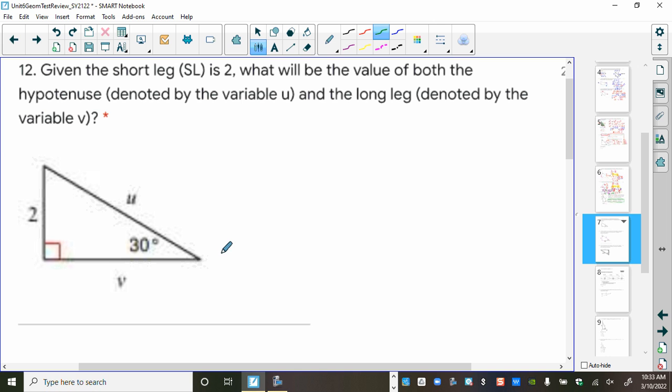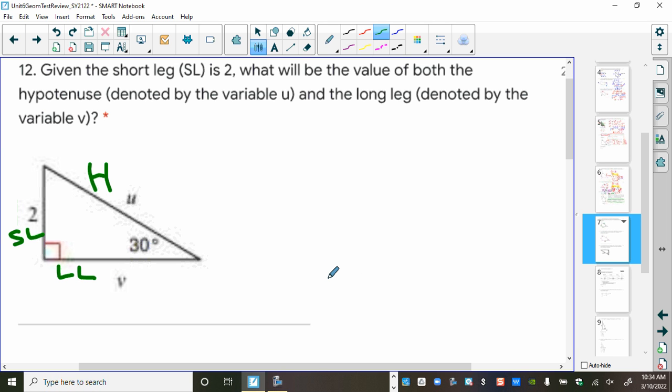Now, right away, which one is the hypotenuse? The U. The U is the hypotenuse. Now, since we're given a 30-degree angle, is the 2 the short leg or the long leg? Short leg. That's your short leg. So that means the V is the long leg.